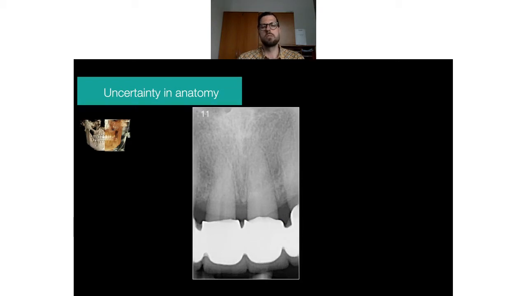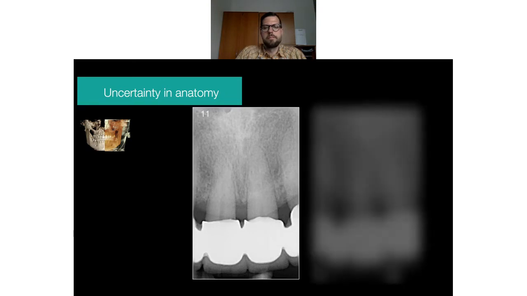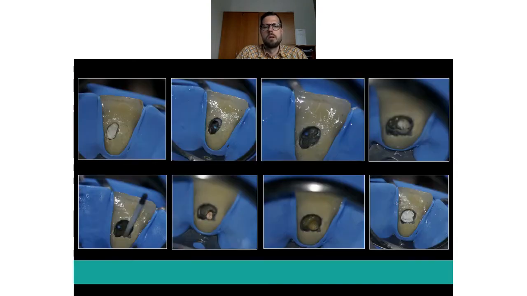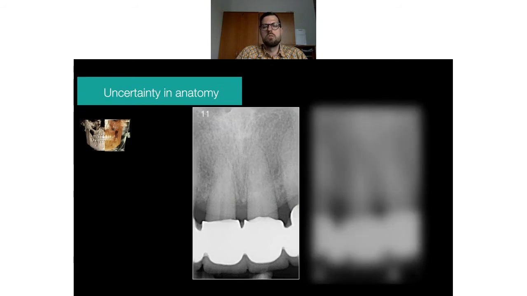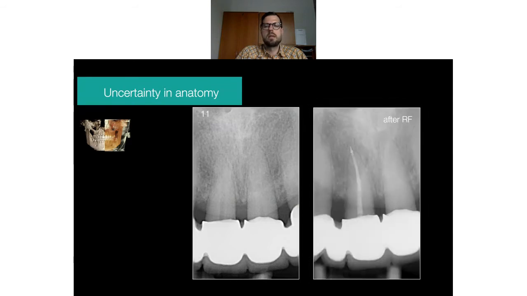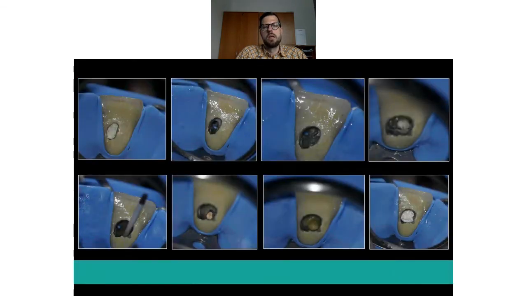Another good thing about the CBCT is that we can use it when we are not very clear about the anatomy. So look at this case. I go back. So this was the situation, and I did the root fill, but the problem was that it was a referral.